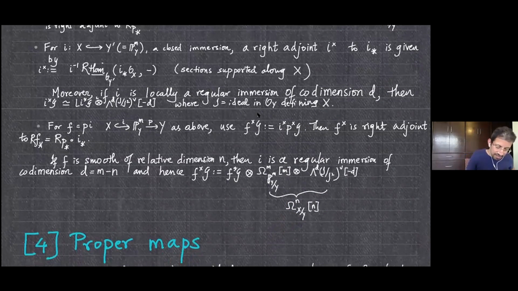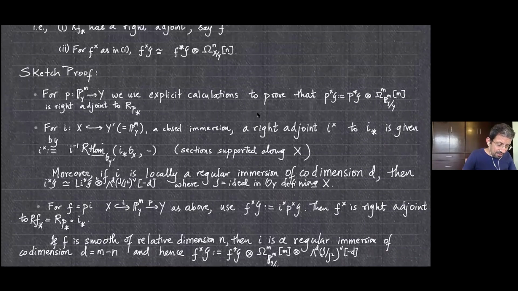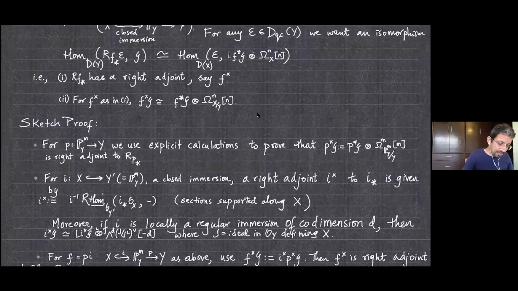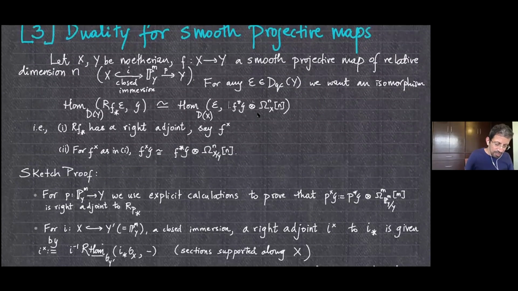You can write down an exact sequence, and from that it comes. So this is some explicit calculation, and one can show that this is just omega n. So this gives the other thing. This is Grothendieck duality for projective maps. This is just a sketch proof, but I hope you get the flavor for how it's done.